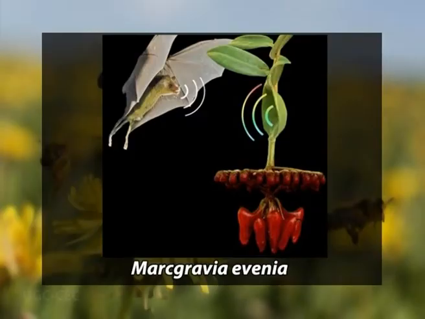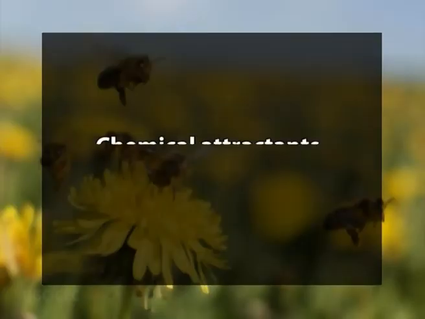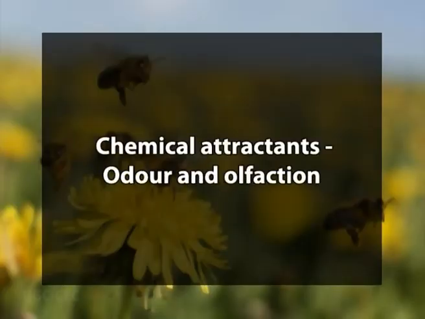Now we come to the second class of attractants, which are also called chemical attractants or odor and olfaction. Although visual signals are known to attract pollinators, the ability of pollinators in general and insects in particular to detect and respond to scents or odors makes the latter a major component of flower attractants to visiting animals.